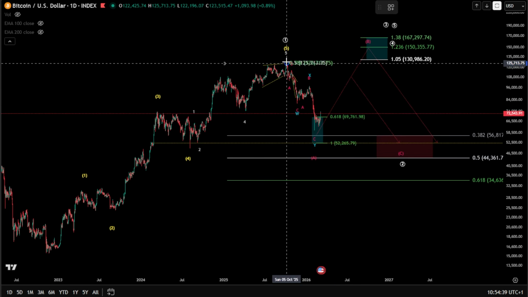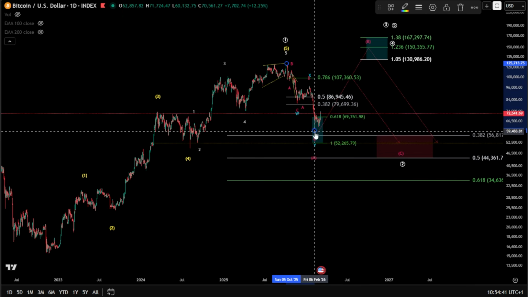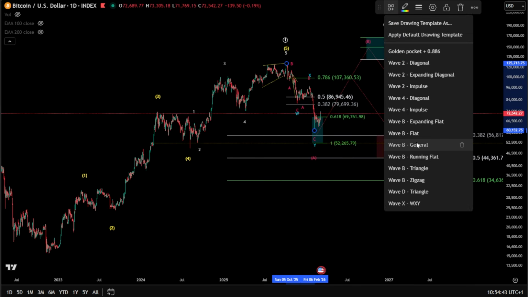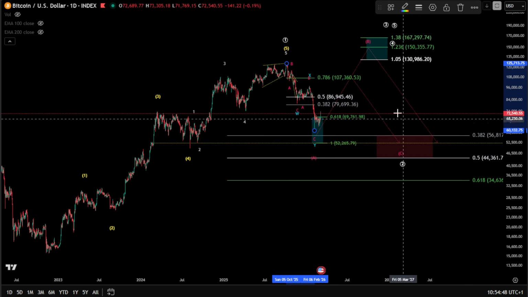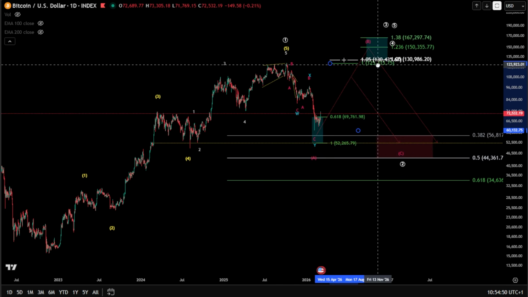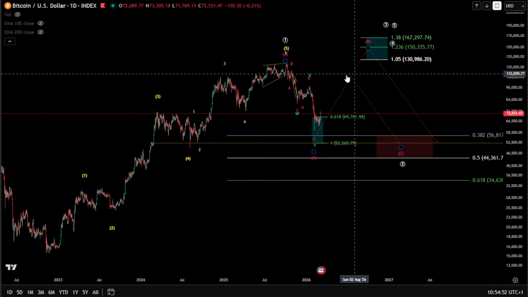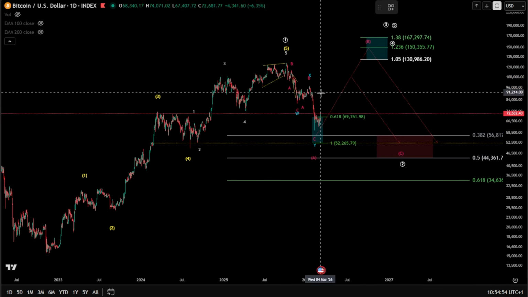0.7, 0.9 fib level normally for a wave B in a regular flat. It can hit higher prices if it wants to, as an expanding flat.